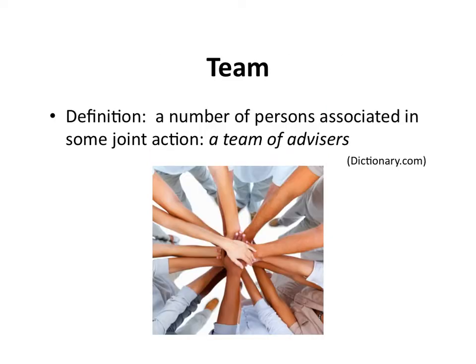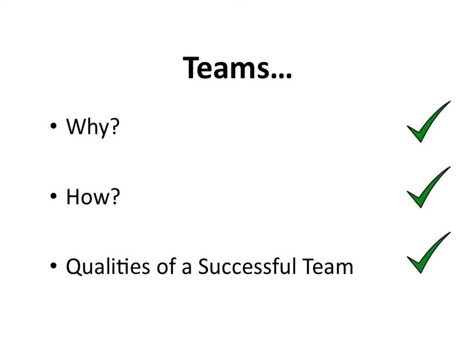As this definition tells us, a team is a number of persons associated in some joint action. People form a team when the task is too great for one person to accomplish. A team may be formed to achieve a common goal or to bring a different perspective to a particular focus.